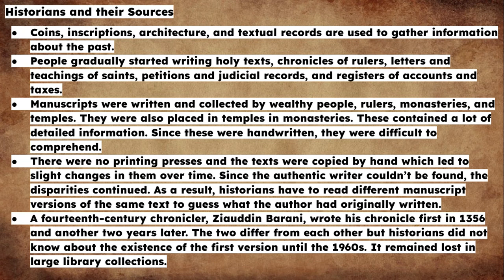A 14th century chronicler, Ziauddin Barani, wrote his chronicle first in 1356 and another two years later. The two differ from each other, but historians did not know about the existence of the first one. The 13th century chronicler was Minhaj-i-Siraj, and the 14th century chronicler was Ziauddin Barani.